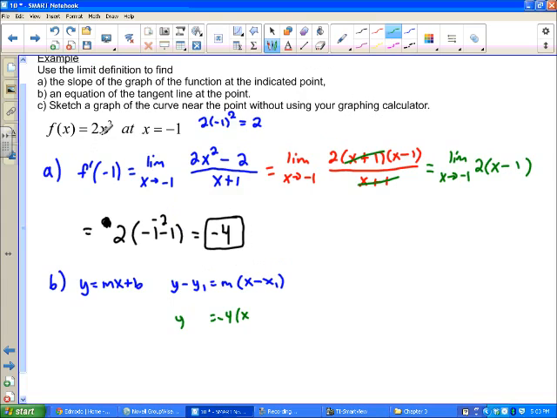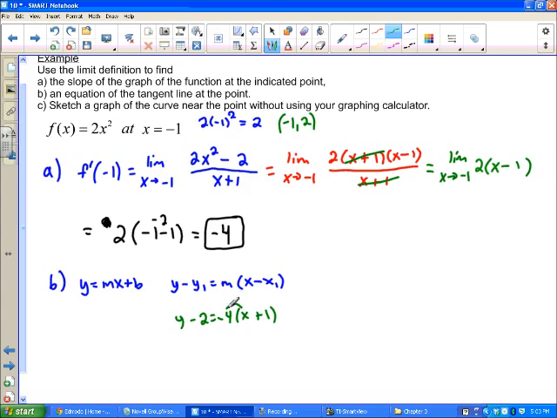So if we look back up here, we know that we are talking about it going through x equals -1. And we actually figured out that if we plug in -1, we get 2, which means that we know the point that it's actually going through, -1, 2. So that's what I'm going to plug in. So this is going to be y minus 2 equals -4 times x plus 1.